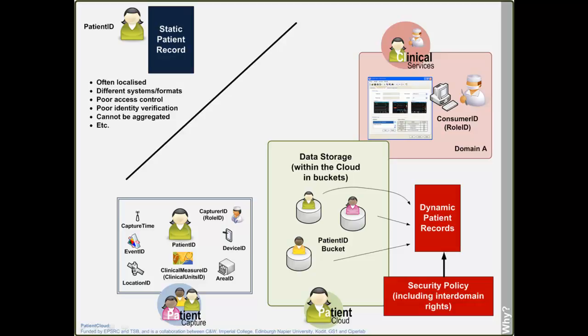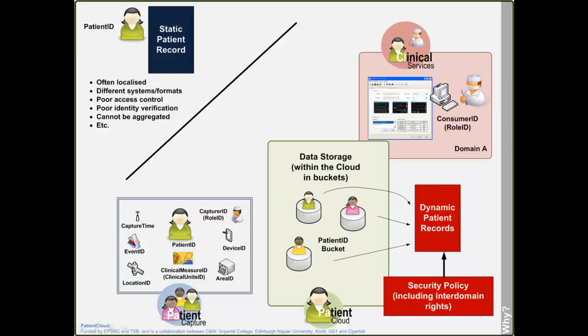In other words, we don't only capture static patient attributes such as the patient's name, date of birth, and address, but also dynamic attributes such as clinical measurements, heart rate, blood pressure, temperature, along with the location of the patient, any events which have taken place, the time of capture, the capture role, in other words, who actually captured this data, such as a nurse or a doctor, along with the device ID. For example, what type of device actually captured the patient's data.